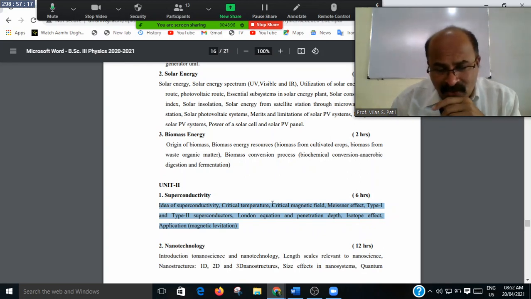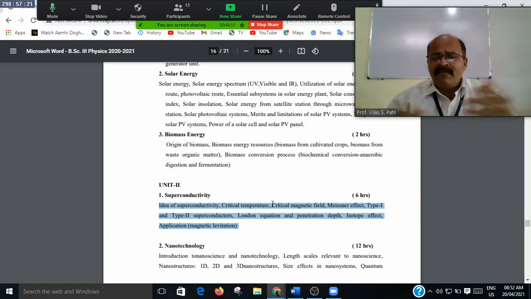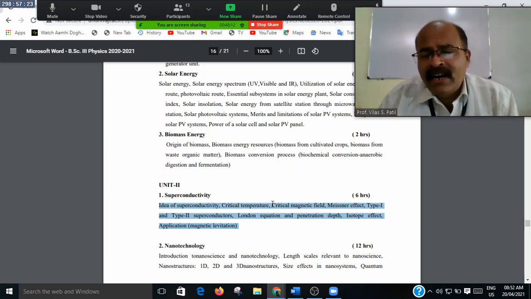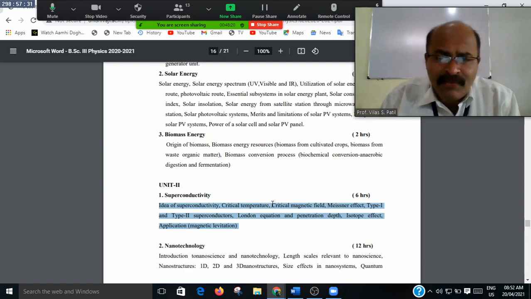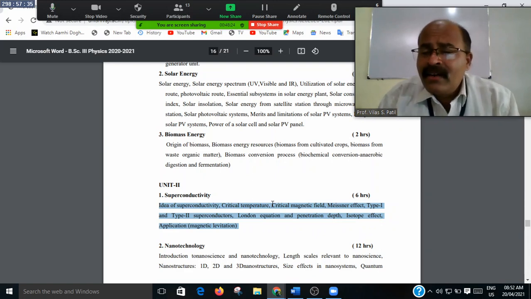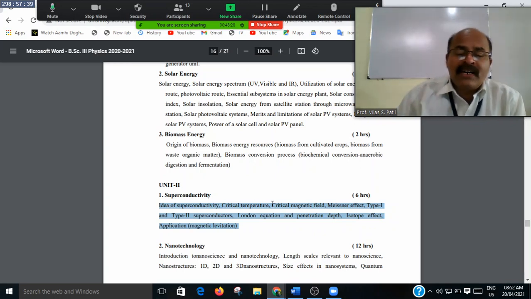That temperature is known as the critical temperature. Critical magnetism, meaning the magnetic field in which that material is inserted, will be known as the critical field. And critical field is also the magnetic field where any conductor will act as a superconductor.